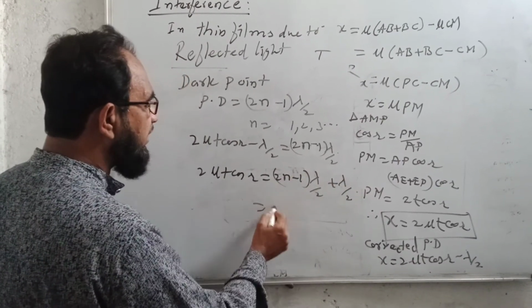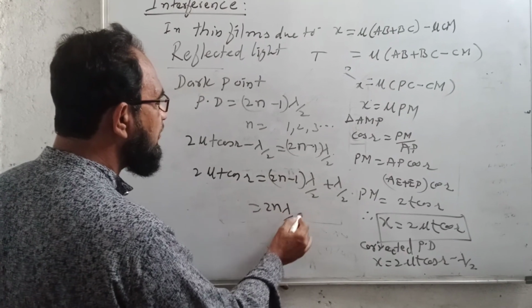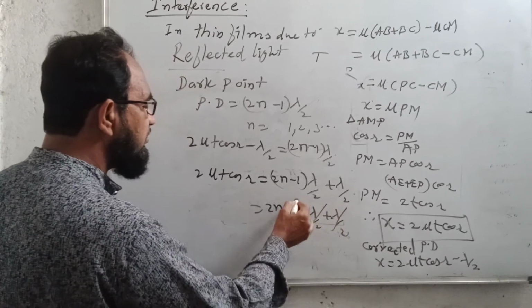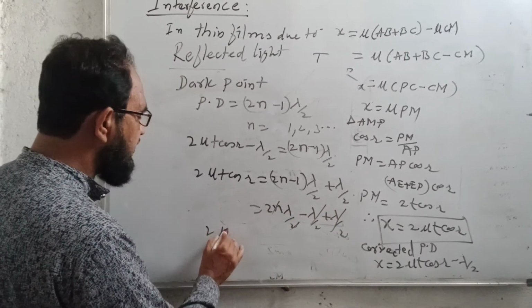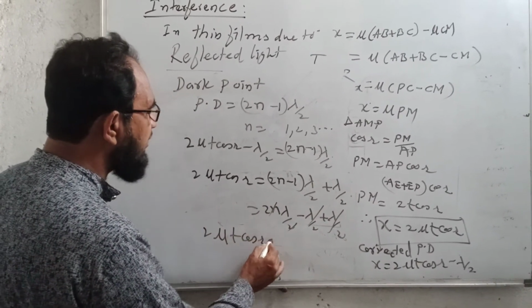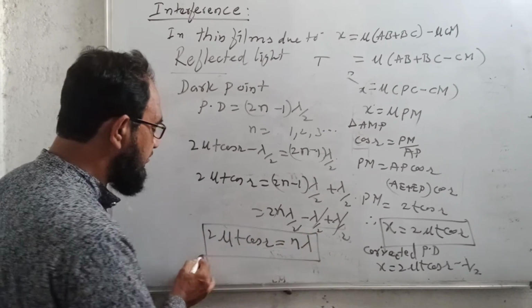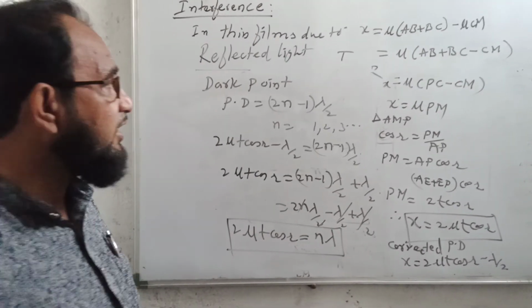I will open the bracket: 2n lambda by 2 minus lambda by 2 plus lambda by 2. This gets cancelled, the 2 gets cancelled, and you will get 2 mu t cos r equal to n lambda for the dark band. This is the condition for the dark band.